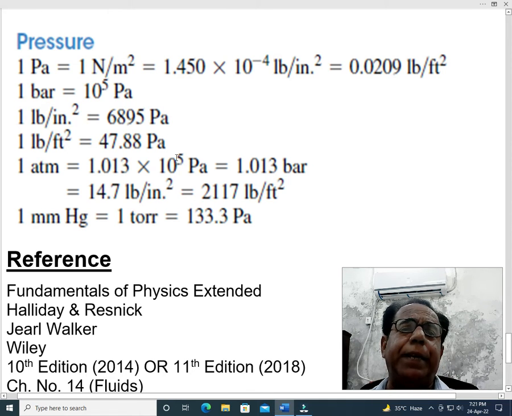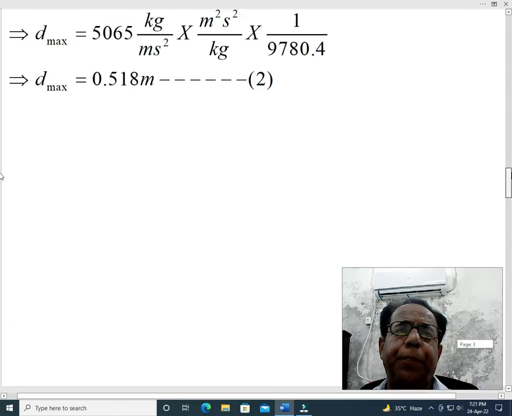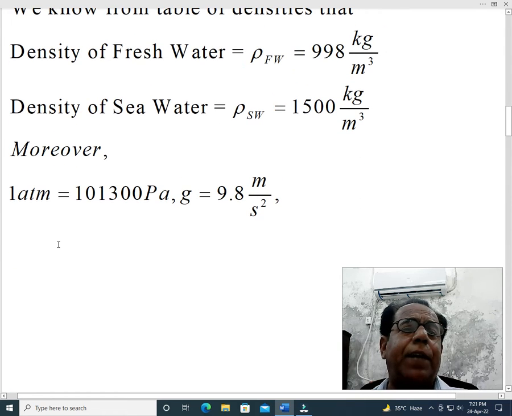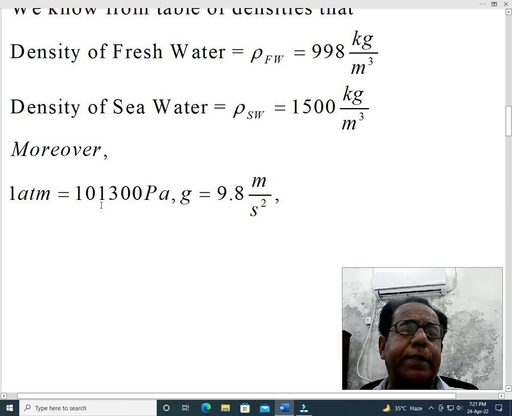We will eliminate 10 raised to the power 5 as we have done in the solution. Here we have taken one atmosphere equal to 101300 Pascal, eliminating 10 raised to the power 5.